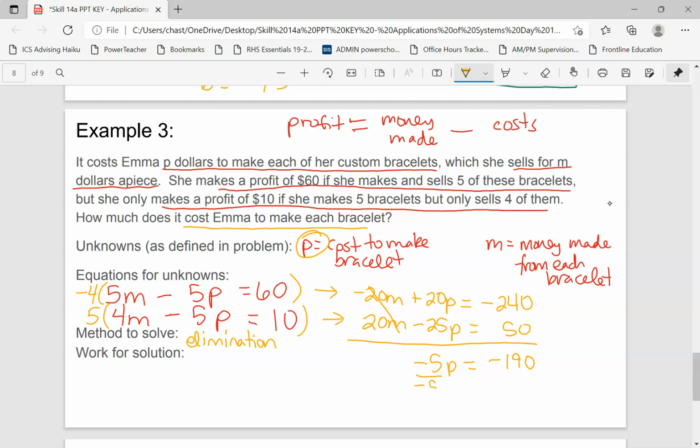Now I just divide both sides by -5. And we get $38. Alright, so it costs Emma $38 to make each of the bracelets.